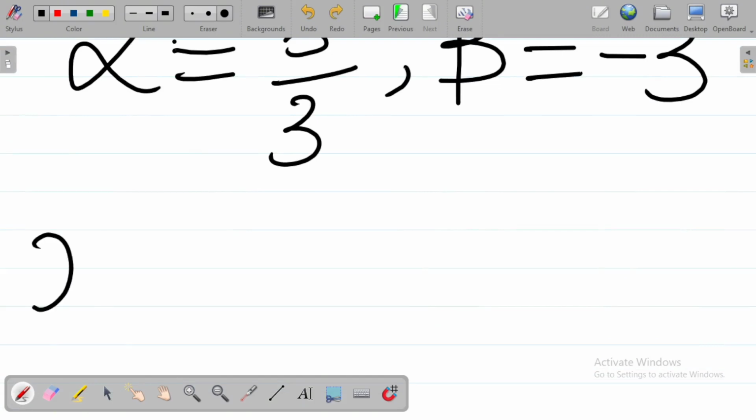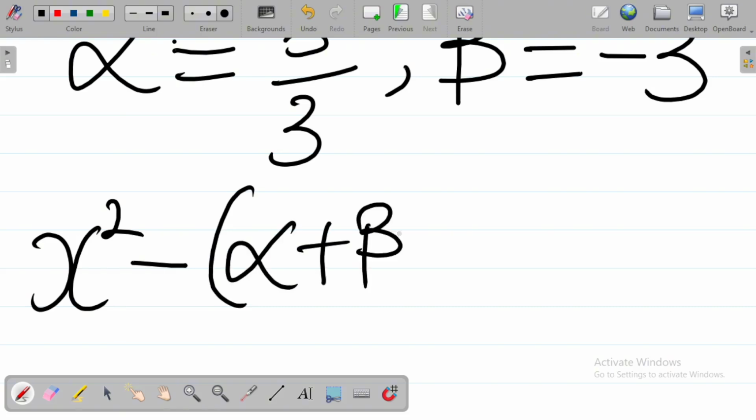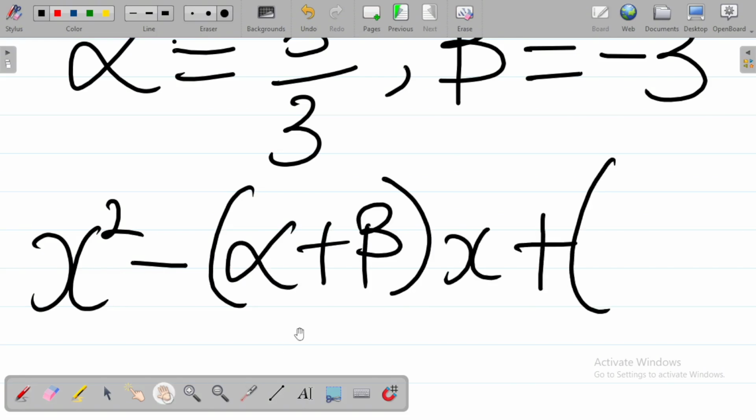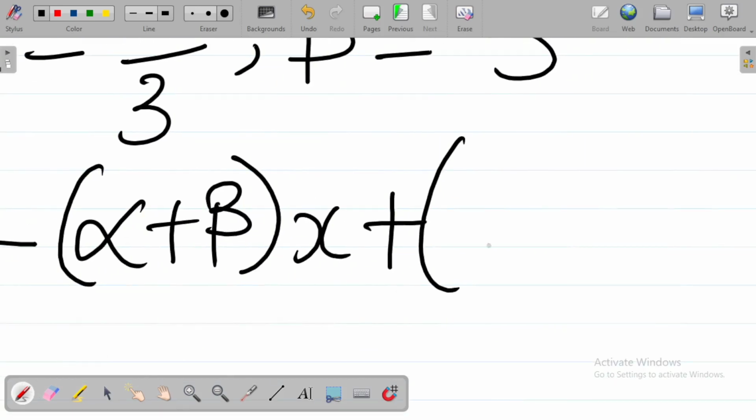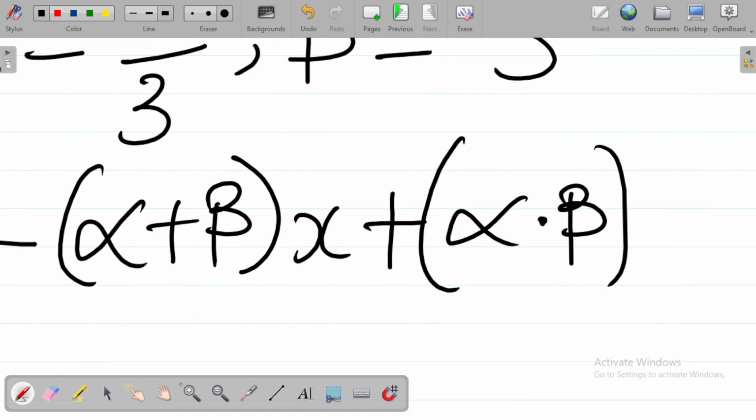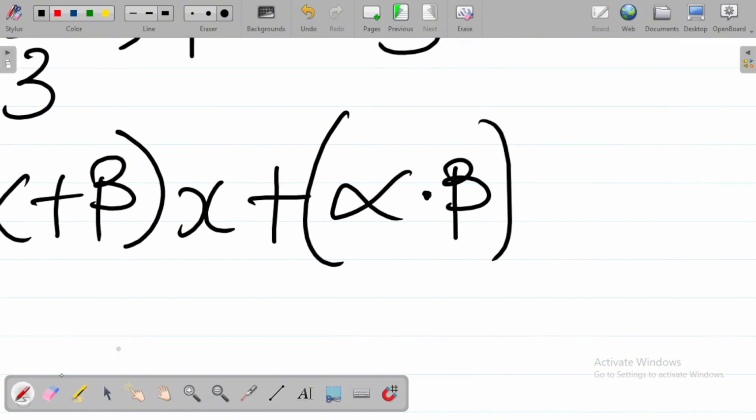So here we have x squared minus alpha plus beta multiplied by x plus alpha times beta, and then equal to 0.